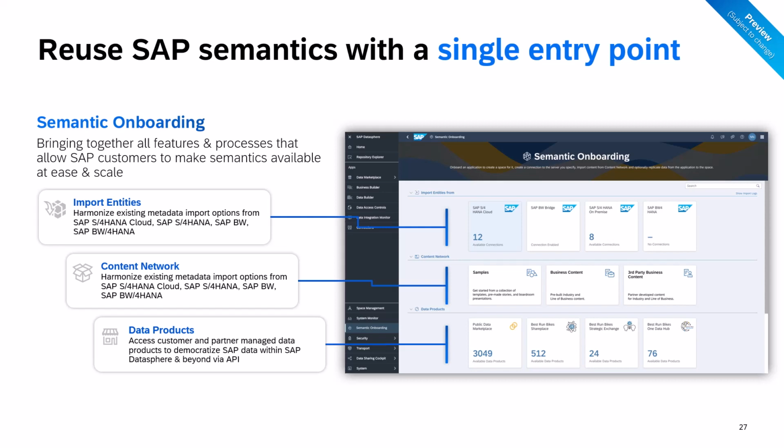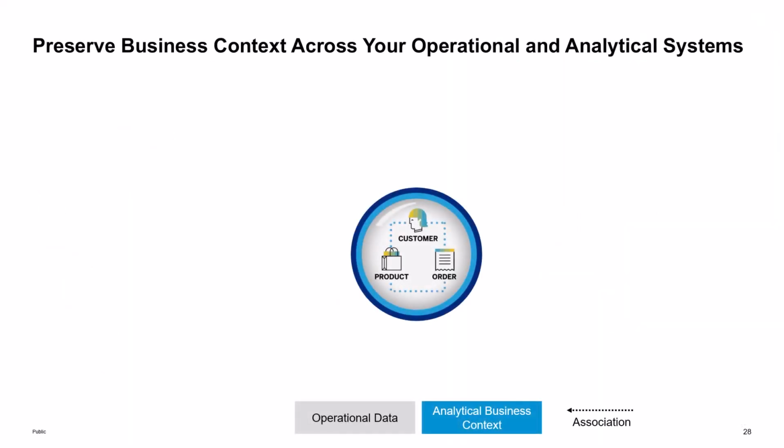Some of you might ask yourself now, wow, what is he talking about with semantics? What does it mean? Let's use an example with S4HANA, what that really means in our context here: to preserve that business context between the operational and the analytical world. Take a simple example with a customer, a product, and an order.